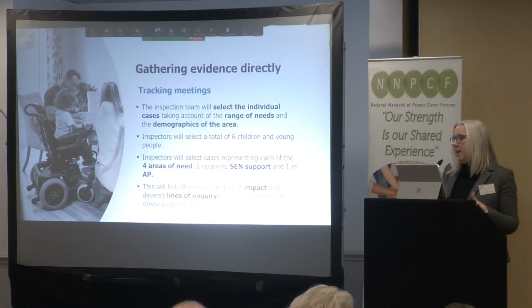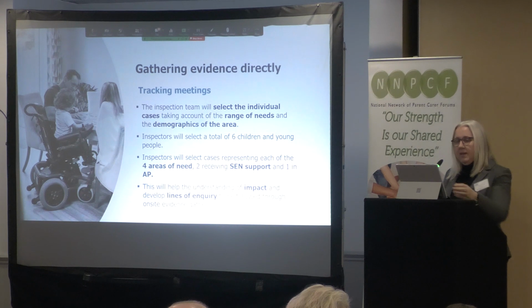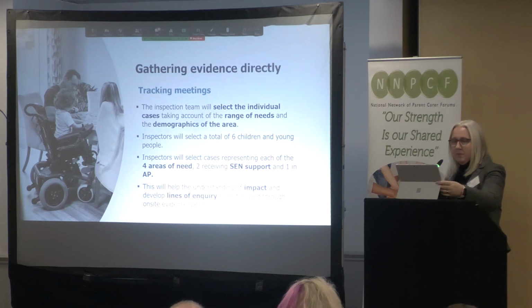But actually, through that consultation phase and through the extensive pilot phases, to really get that full understanding of lived experience, 6 young people, looking at the journeys that they're on, is really, really valuable, and also obviously very time consuming.